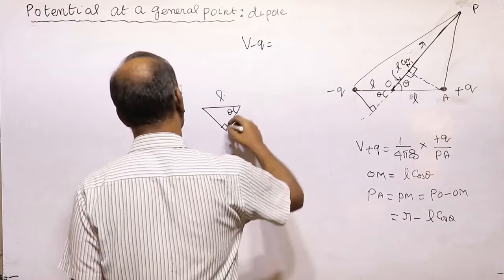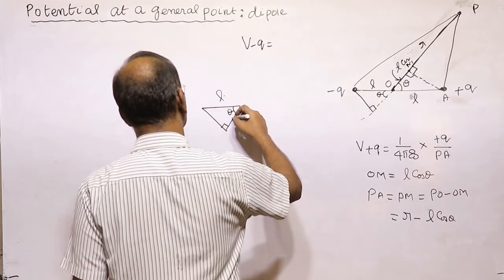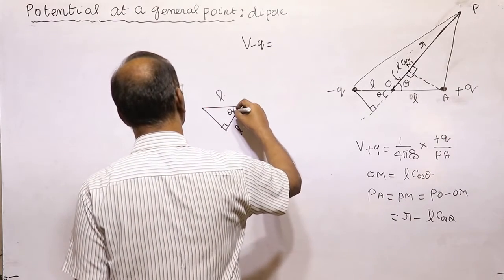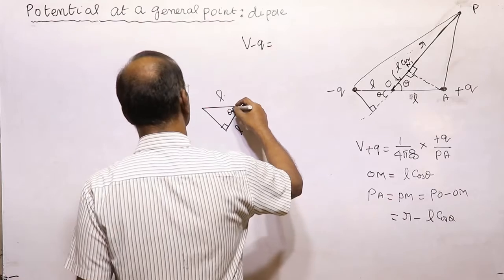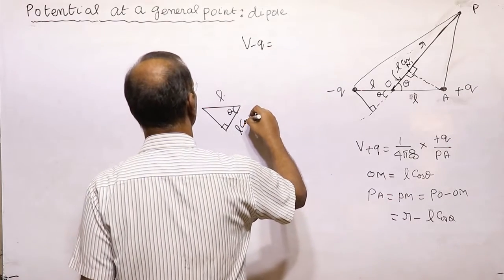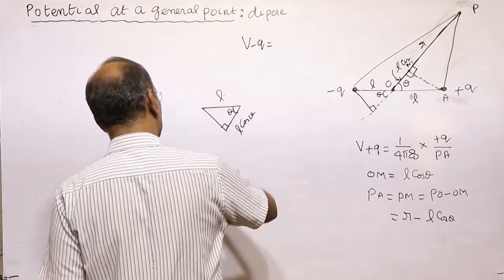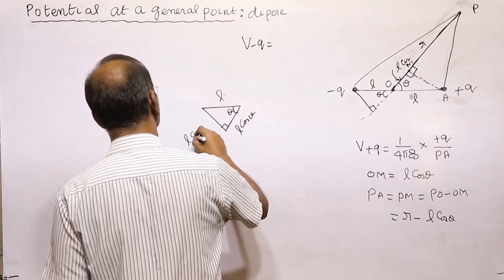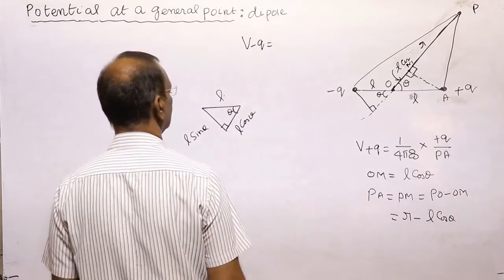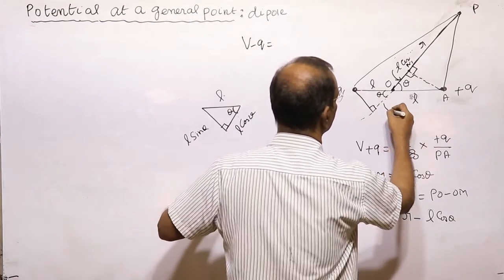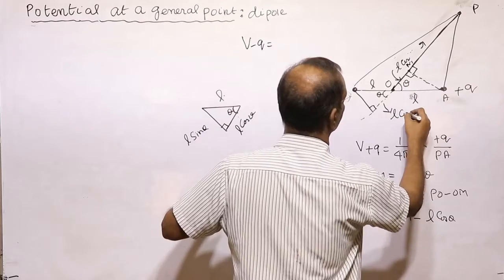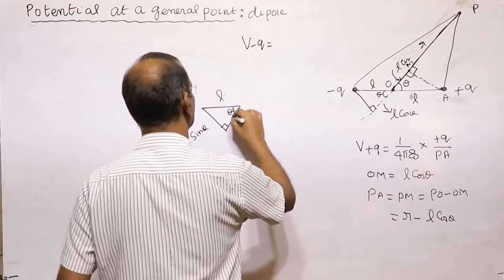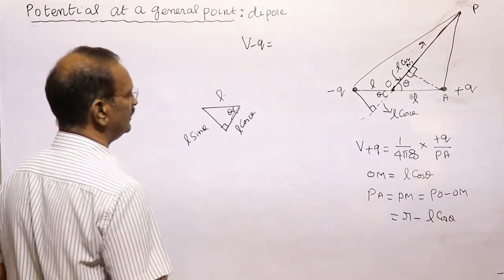The side near to theta will be hypotenuse into cos theta, and the far side will be hypotenuse into sin theta. We are interested in this side, which is equal to L cos theta. So we got it.